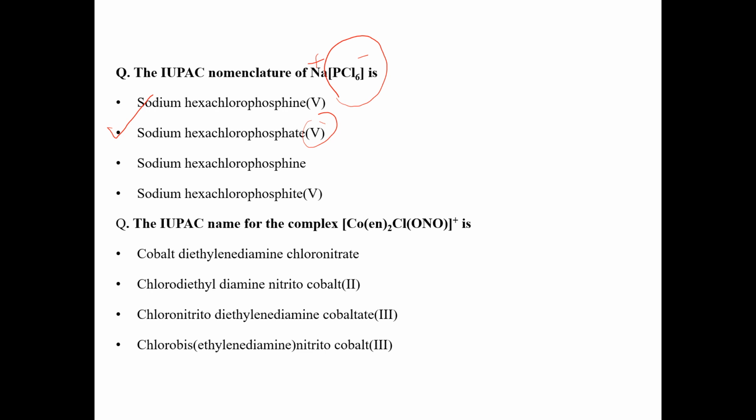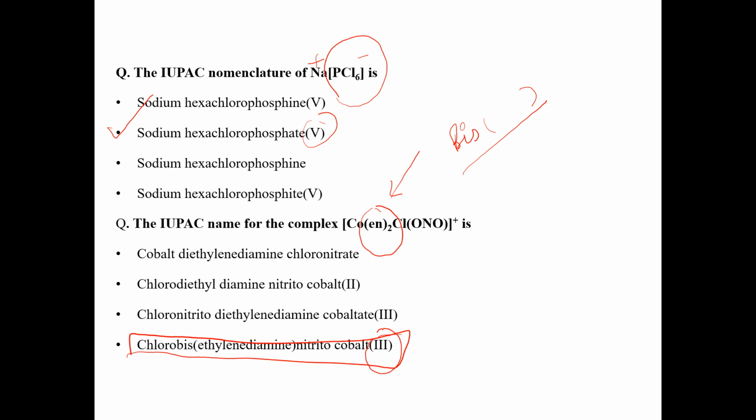And in the second one you can see there are 2 bidentate ligands, so in this case you just add bis, and write down the name of that ligand. There is only one option in which it is written chlorobis(ethylenediamine)nitrito cobalt. Cobalt is in the plus 3 oxidation state, because minus 1, minus 1.